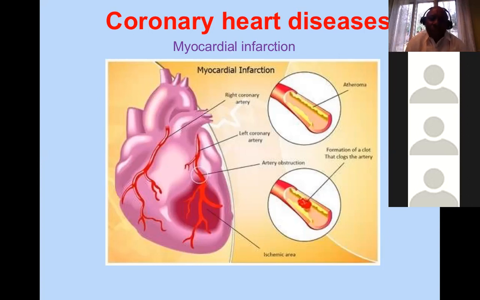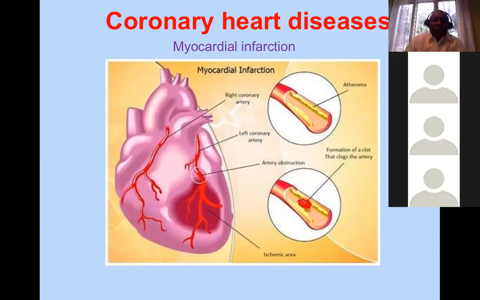If you remember, you give a blood thinner like aspirin, okay? You also give a beta blocker. We've talked about this also. Why a beta blocker? To reduce the contractions, to reduce the workload on the heart, okay? And you give morphine.